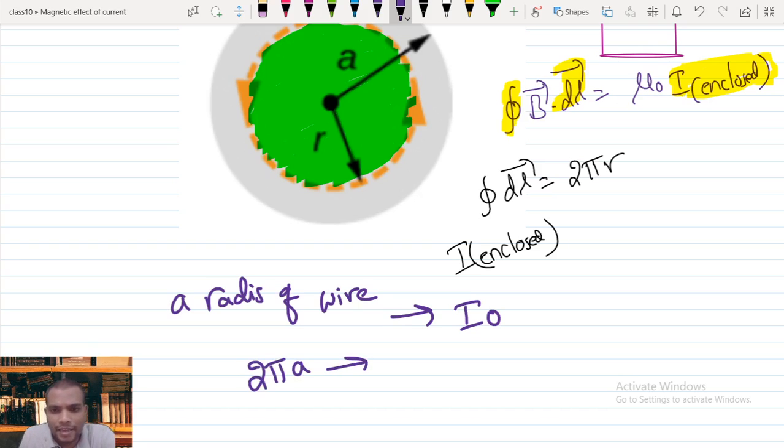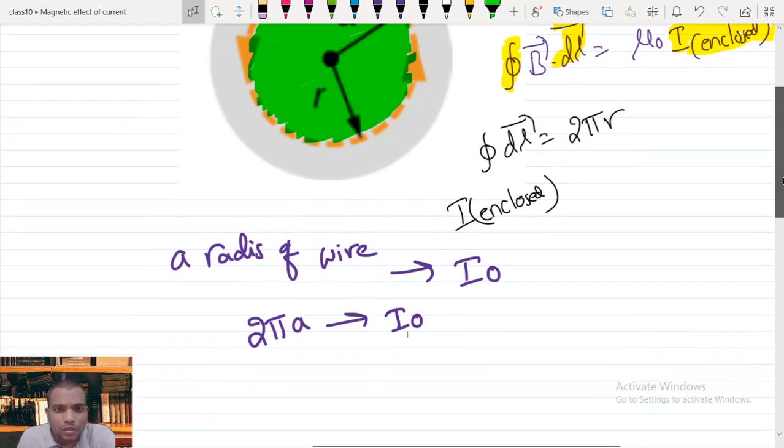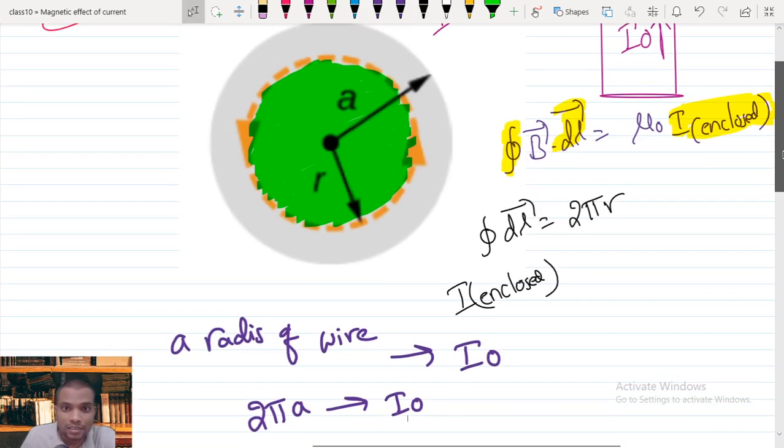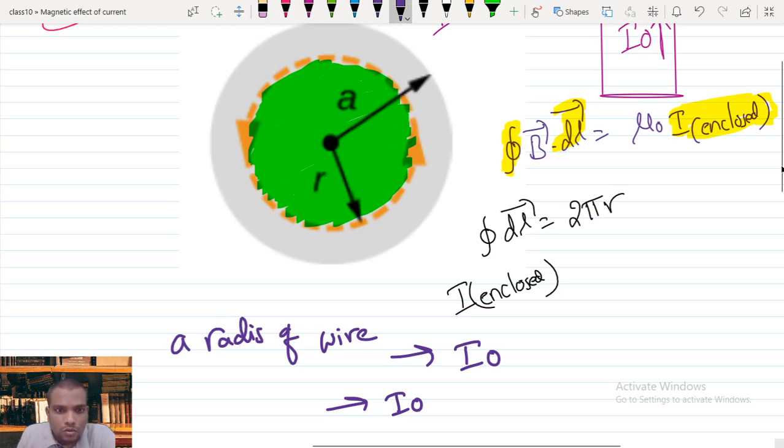Through the 2 pi a, I naught current is flowing. So if the total area 2 pi a, sorry, here we are supposed to consider area, not circumference. So for radius a, its area is pi a square, the area of the conducting wire.